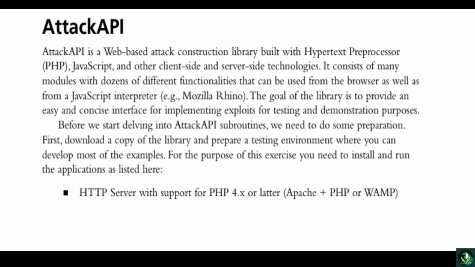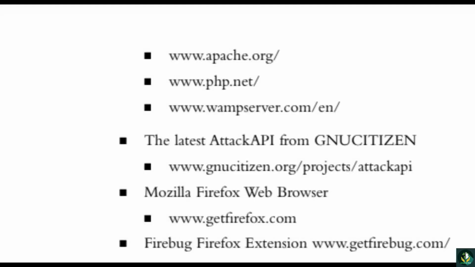It consists of many modules with dozens of different functionalities that can be used from the browser, as well as from a JavaScript interpreter. The goal of the library is to provide an easy and conscious interface for implementing exploits, for testing and demonstrating purposes.